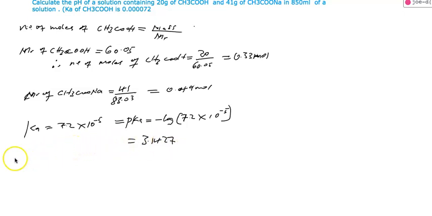Now we know our pKa. We can go ahead and plug the figures in the equation and work out our pH. pH will therefore be the pKa, which is 3.1427, plus the log of the base divided by the acid.